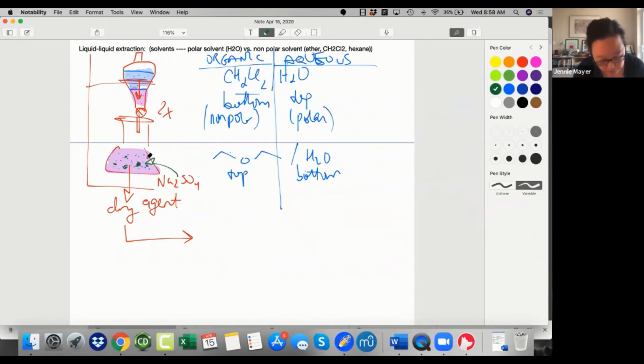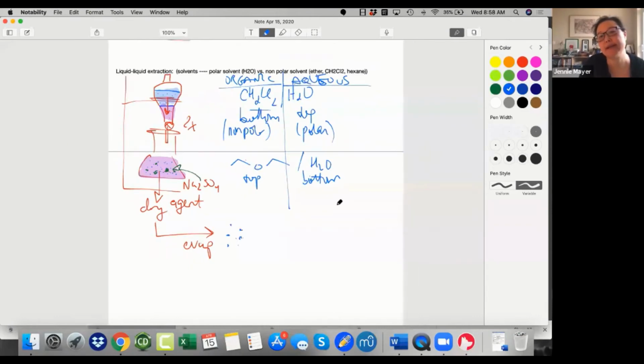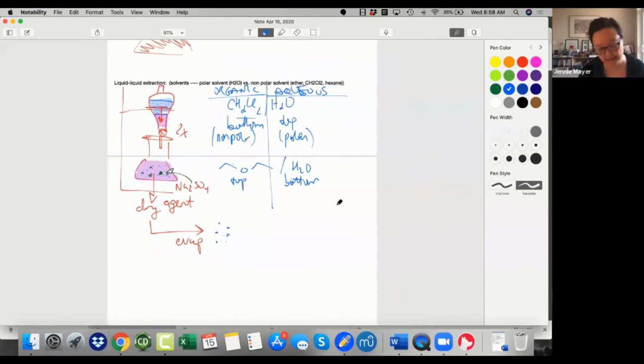And then you get to a point where you can evaporate the solvent. And that's where some of you guys said you boil it. Okay, so you evaporate the solvent and then you should theoretically end up with that one compound. And hopefully your impurities have stayed in the aqueous layer. So that's the idea there.